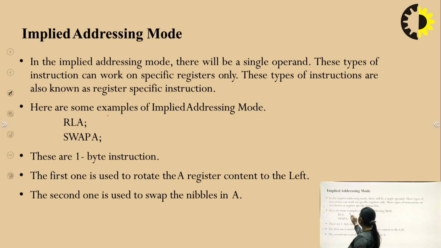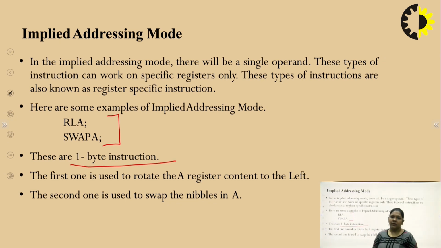So here are the examples, that is RL A or SWAP A. RL A means rotate accumulator left, and SWAP means we have to swap the contents of the accumulator. In implied addressing mode, all the instructions are of 1 byte only. Why? Because there is only an opcode given. There is no operand given. No 8-bit operand, no 16-bit operand. Only an opcode that is of 1 byte.